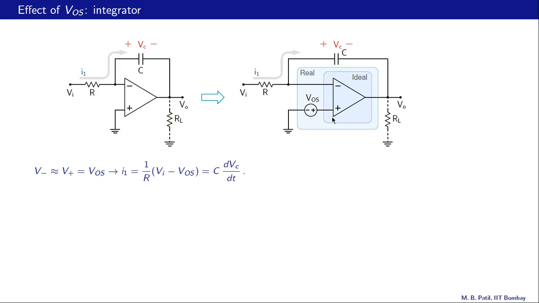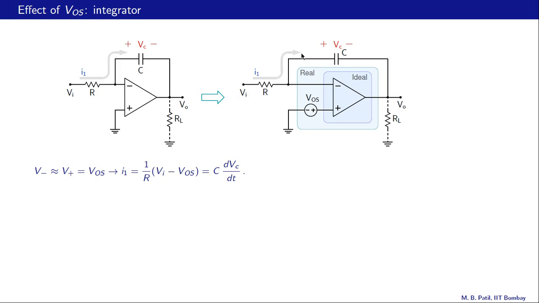Now for the ideal op-amp, we know that V plus and V minus are nearly the same. Since V plus is VOS, V minus is also equal to VOS. What does it mean? That means this current I1 is VI minus VOS divided by R, that equation. And because the input current of the op-amp is 0, that current will also go through the capacitor.